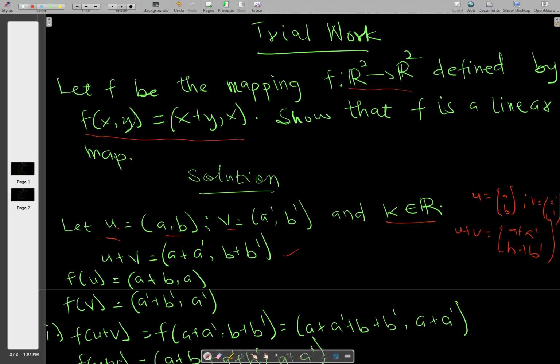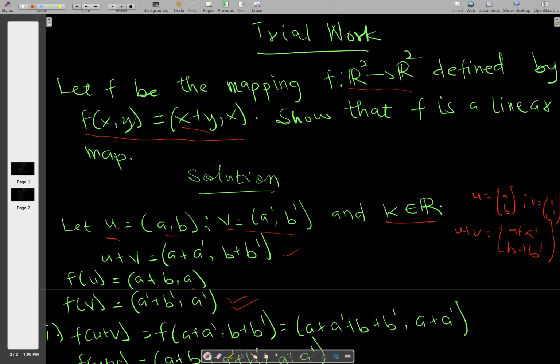From the definition, we find the sum of x and y, that's (x plus y, x). The same thing applies here. We have (a, b), so we have (a plus b, a). That's f of u. Then f of v, this is v, right? So our f of v will also be (a' plus b', a'). That's what we have here.